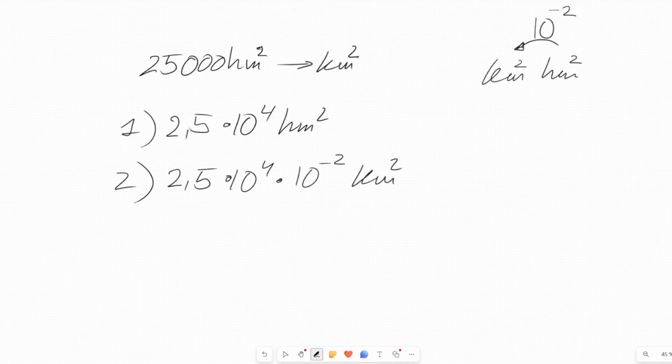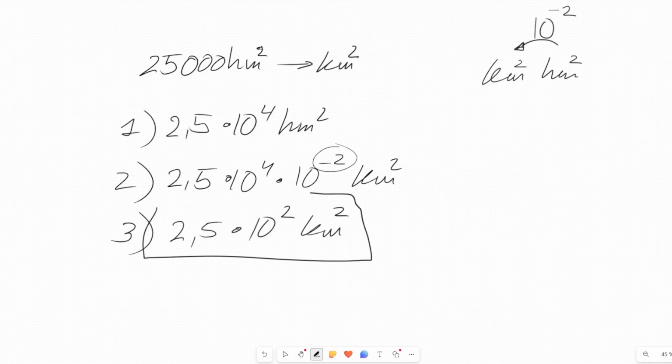Okay, so one step, doubling the number of steps in the exponent. And finally, we will make the multiplication, and we will get 10 to the power of 2, because 4 plus minus 2 is 2. And we have the number in scientific notation in the desired unit.